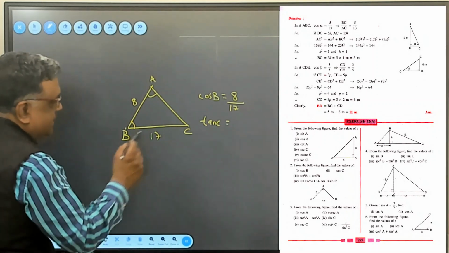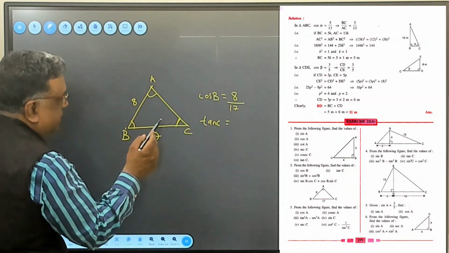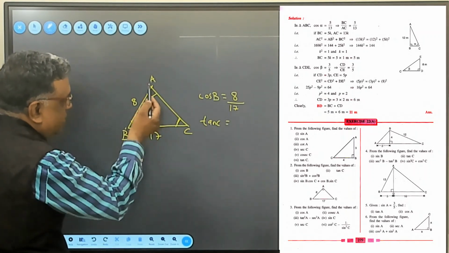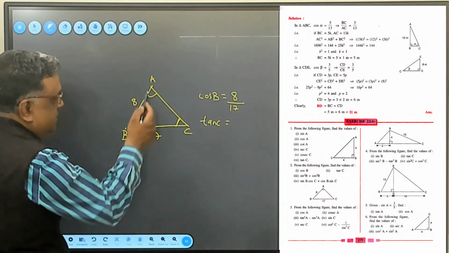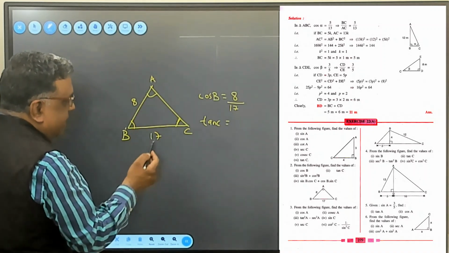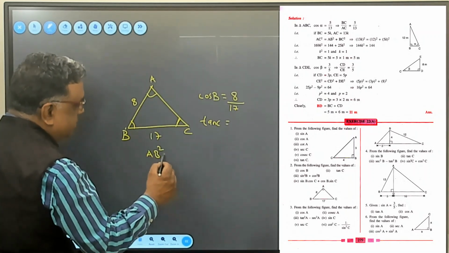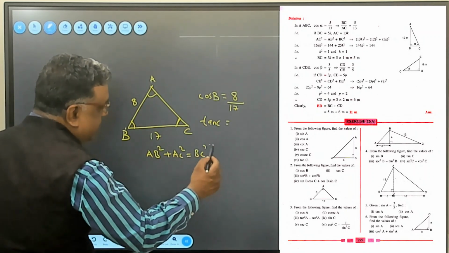Now to find tan C, I will take the opposite side, which is 8, upon the adjacent side, which is AC. But I don't know AC. Since this is a right angle triangle, I can find AC by Pythagoras theorem: AB square plus AC square is BC square.